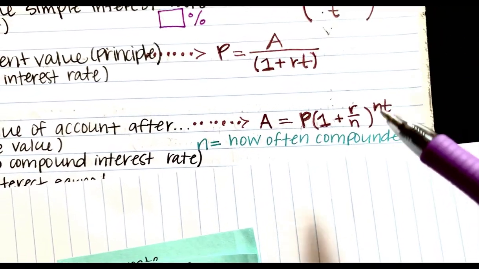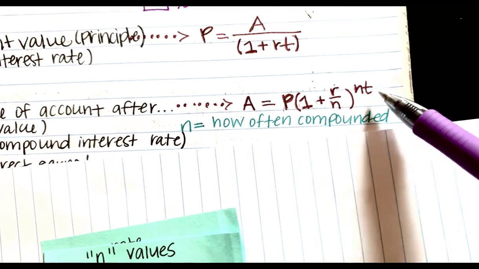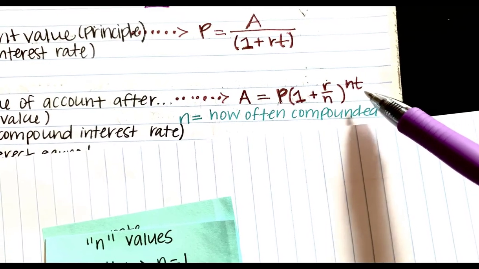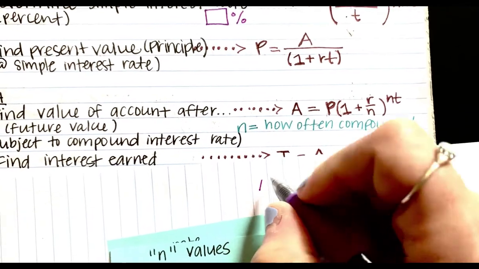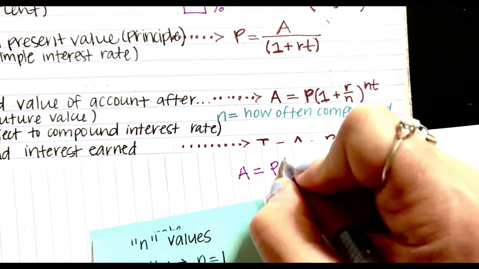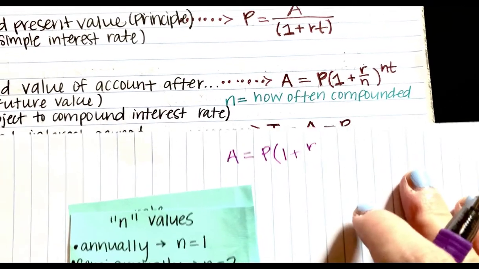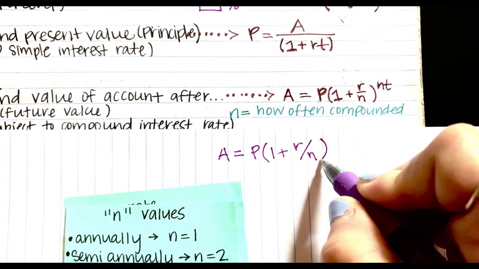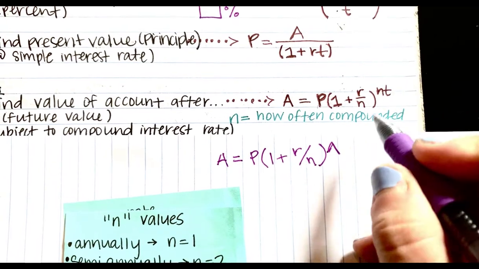So, A equals P, parentheses, 1 plus R over N to the NT. Whenever you are putting this into your calculator, if you don't have a TI-84, if you're not using some type of app to do that, you are going to put everything into one line. So you'll do P, open parentheses, 1 plus R divided by N. Close your parentheses, and you'll use this caret symbol to do your exponent.